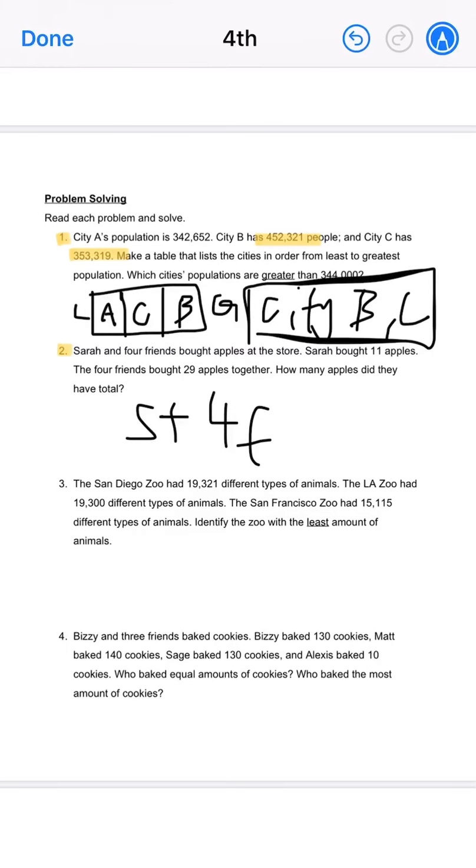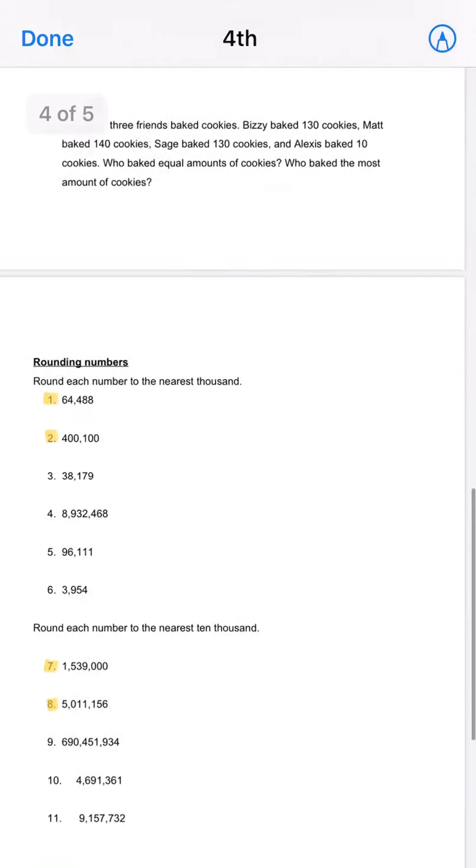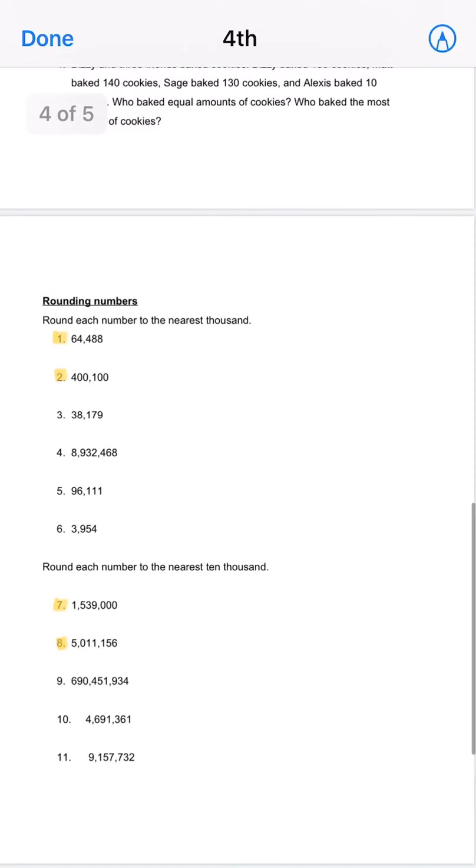Sarah has 11 apples and the 4 friends have 29 apples. So how many apples did they have together? Well, 11 plus 29 would be 40. So 40 apples total. Okay, so let's move on to the next page, which is going to be rounding numbers.